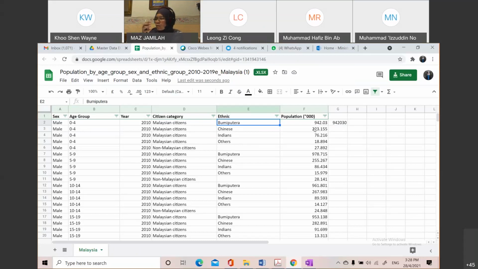Is it because of, for example, the pandemic, the population was reduced, so you wish to investigate what happened during the pandemic and see the ratio for male and female for that year?